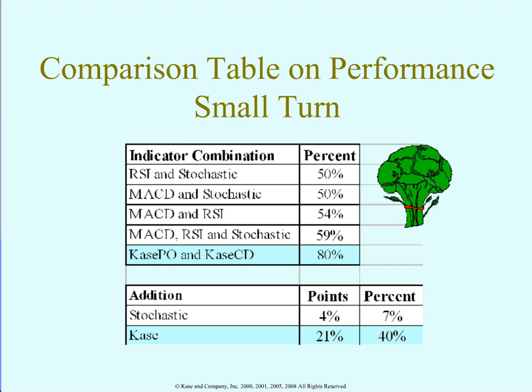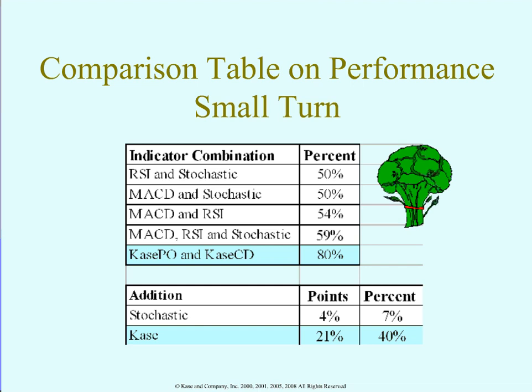The problem is in the opposite direction: they're very, very poor at catching turns. So when they work, they work well, but they don't work a lot. They don't catch a lot of the turns. A lot of turns get by them. If everybody understands what I'm saying there.